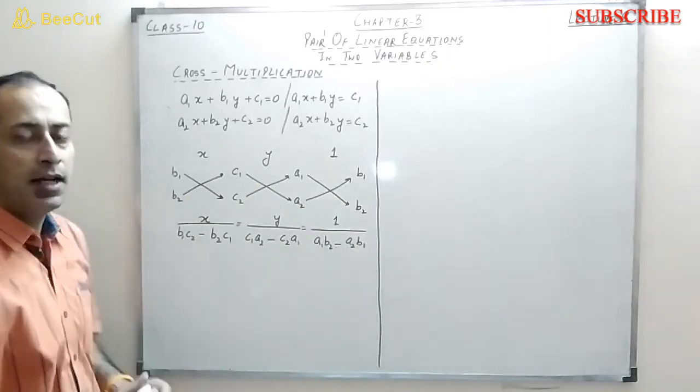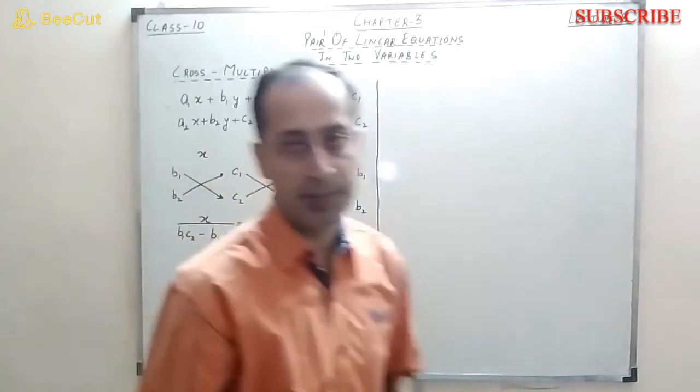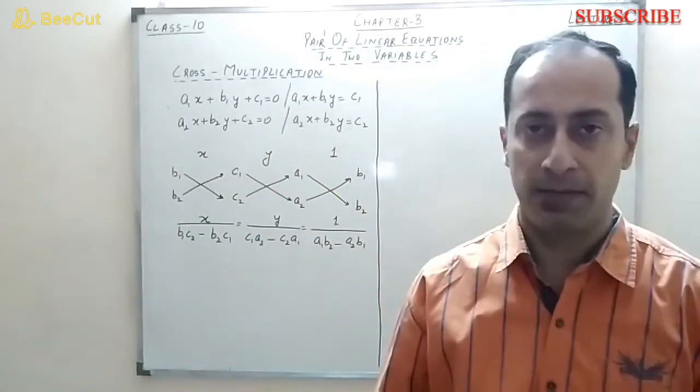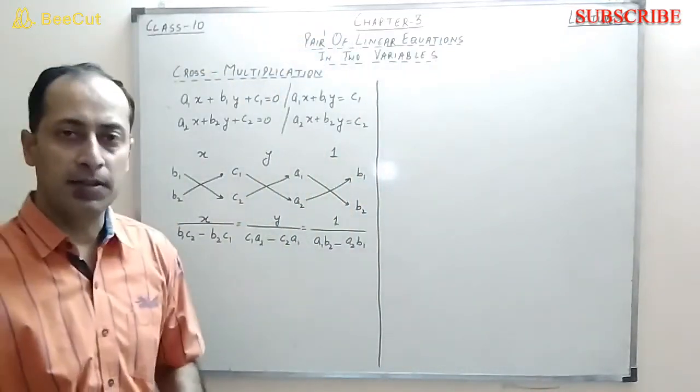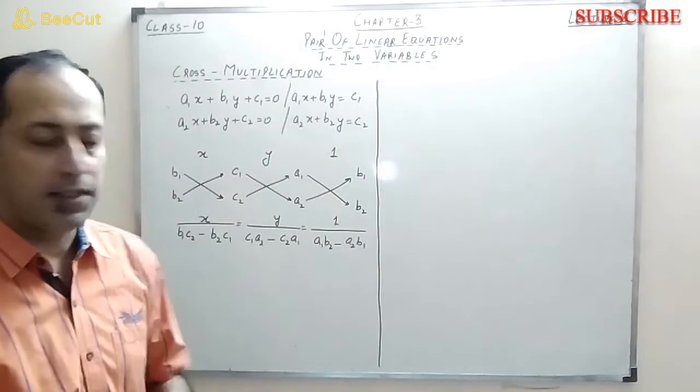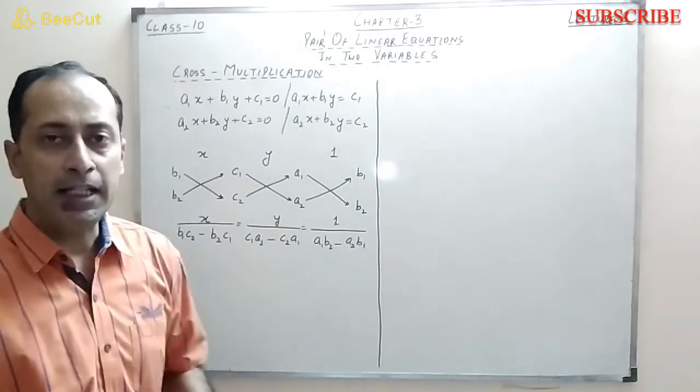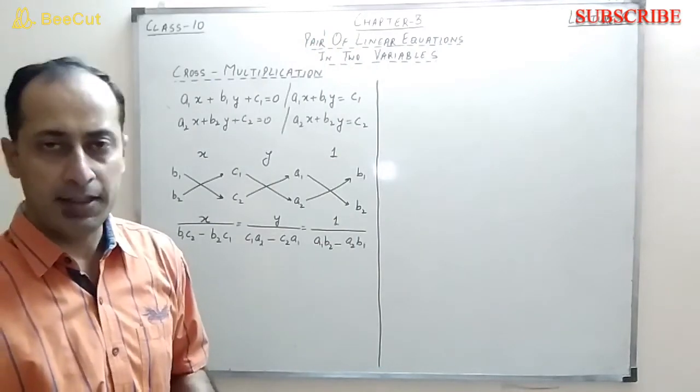Now the question is, how can we simplify them? How to find the values of x and y? You can see there are three things which are equal to each other, and we can take any two and find the value of either x or y.